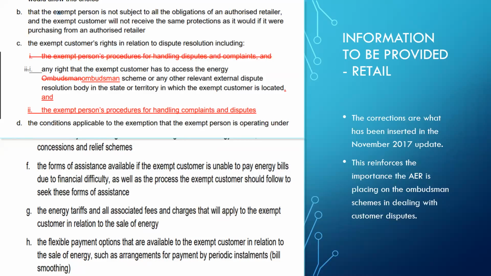They have shifted the order of dispute resolution notification, so subtly changing the emphasis in terms of who the customer thinks they should go to first. With these guidelines, they're saying ombudsman and then your dispute resolution. So it's just a subtle shift in emphasis in relation to the AER viewing the ombudsman schemes as the preferred dispute resolution venue.